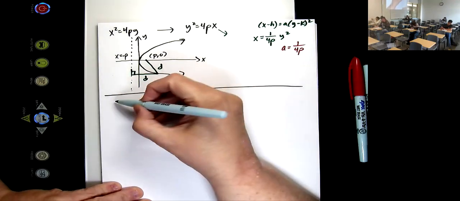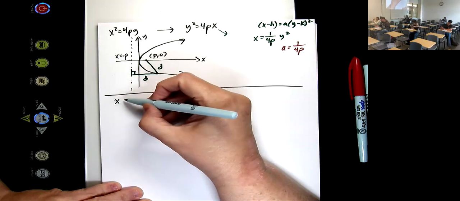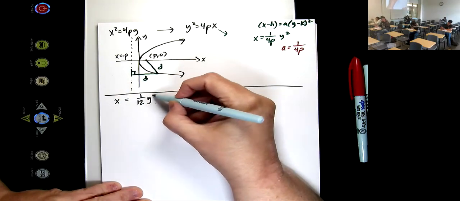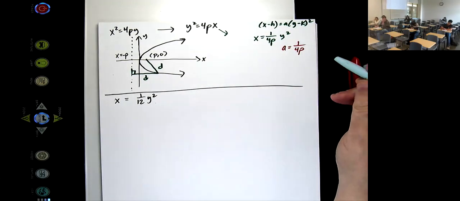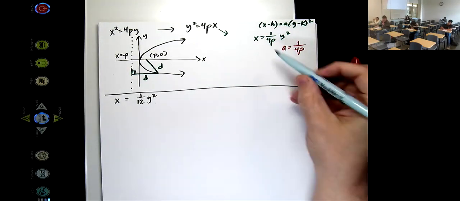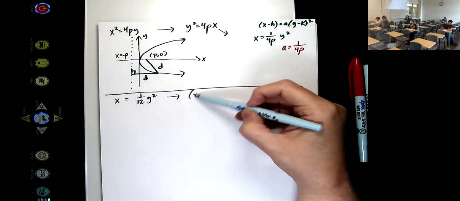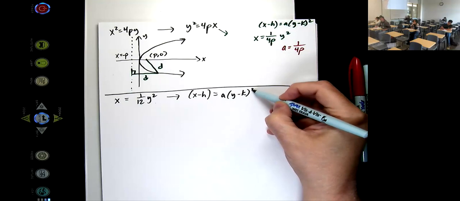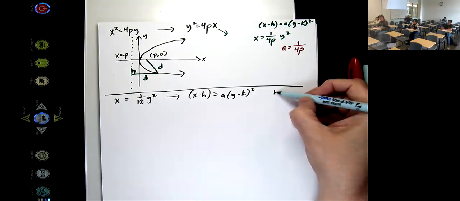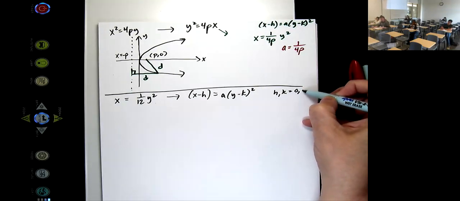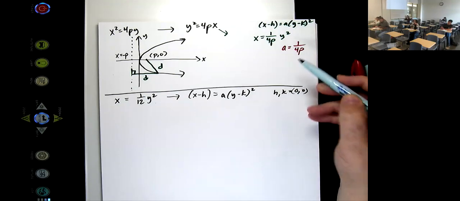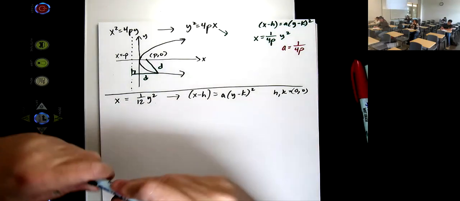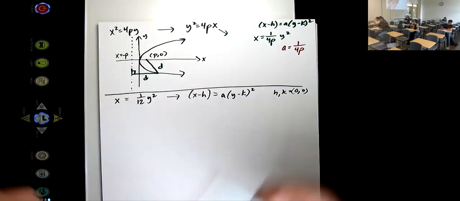The way we would get this, if we were looking at it normally, we would have x equals 1 over 12 y squared. I don't think that's useful. This is in the x minus h equals a times (y minus k) squared form. So (h, k) is (0, 0) here. But if I want to locate the focus and the directrix, this is much better to get the y squared by itself.